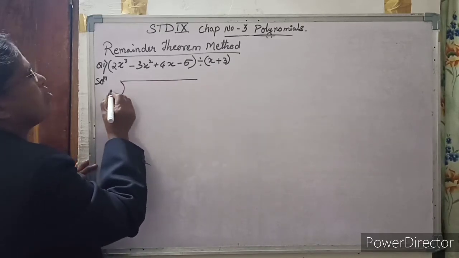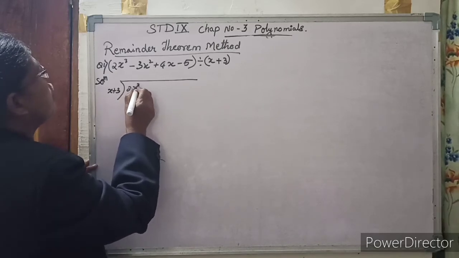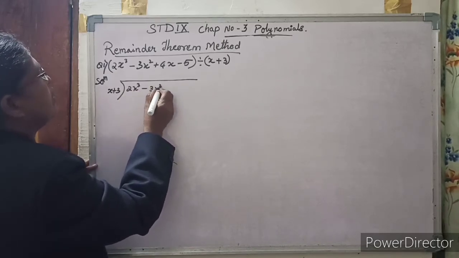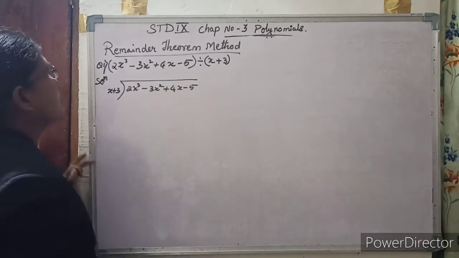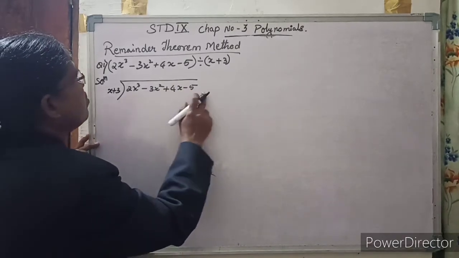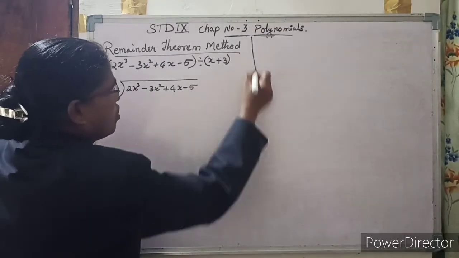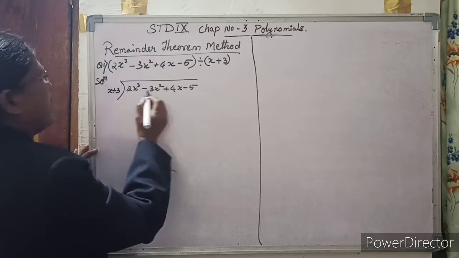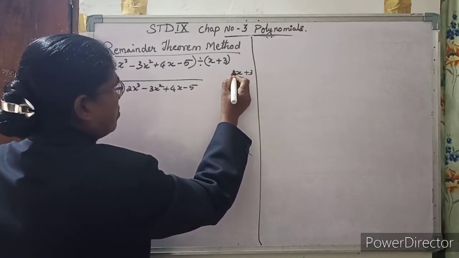So it is x plus 3, then 2x cube minus 3x squared plus 4x minus 5 is the dividend in the standard form. So first of all, x plus 3 is the divisor.